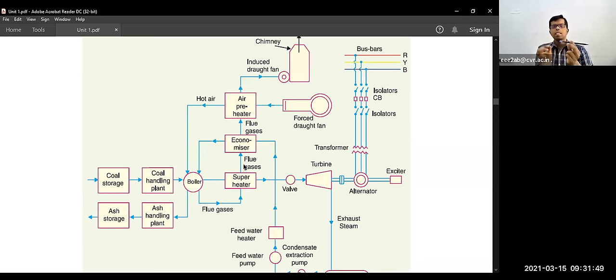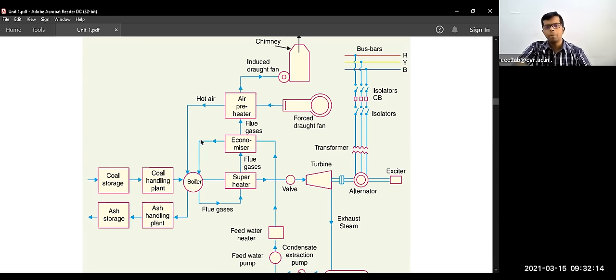Again the same flue gas is passed to this stage, which is the economizer. In the economizer also, we are trying to extract the maximum heat, and also in the economizer the hot air is blown to the boiler. Why are we blowing hot air to the boiler?